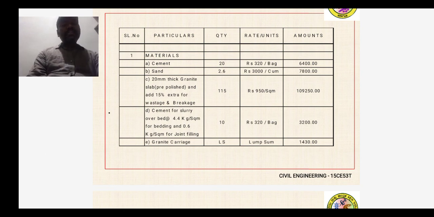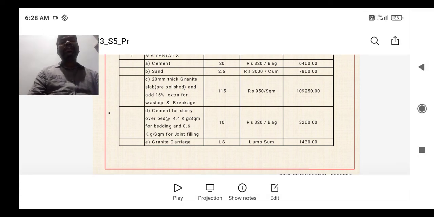And granite slab, we are taking 15% extra for wastage and breakage. Total area is 100 square meters, plus we are adding 15% of area extra for wastage. Total 115 square meters.